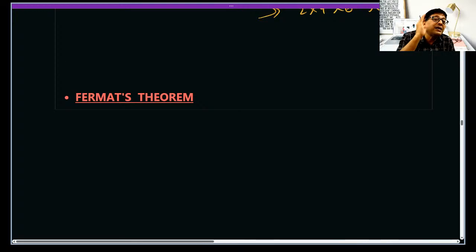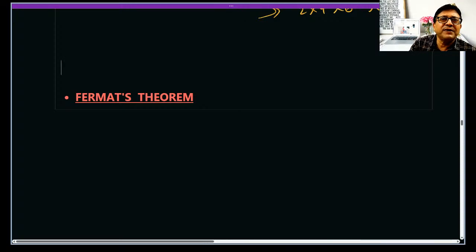Fermat's theorem, such a brilliant theorem, such an important theorem in number theory, which is the pillar of cryptography. Cryptography is a very active field of research. You have seen some application of cryptography, but it is something which is infinite.